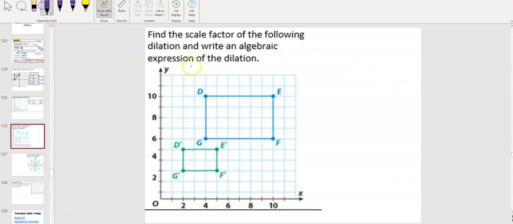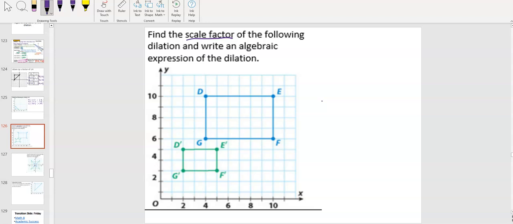Now on this image, we're actually going to have to do the opposite, okay? I have 2 images, and I need to figure out what is the scale factor. What am I multiplying my original image by to get my new image, okay?